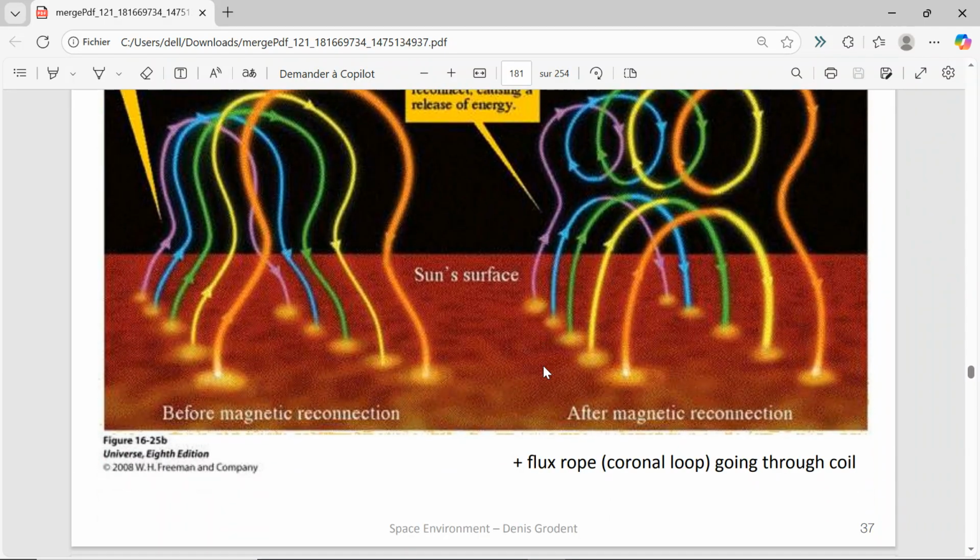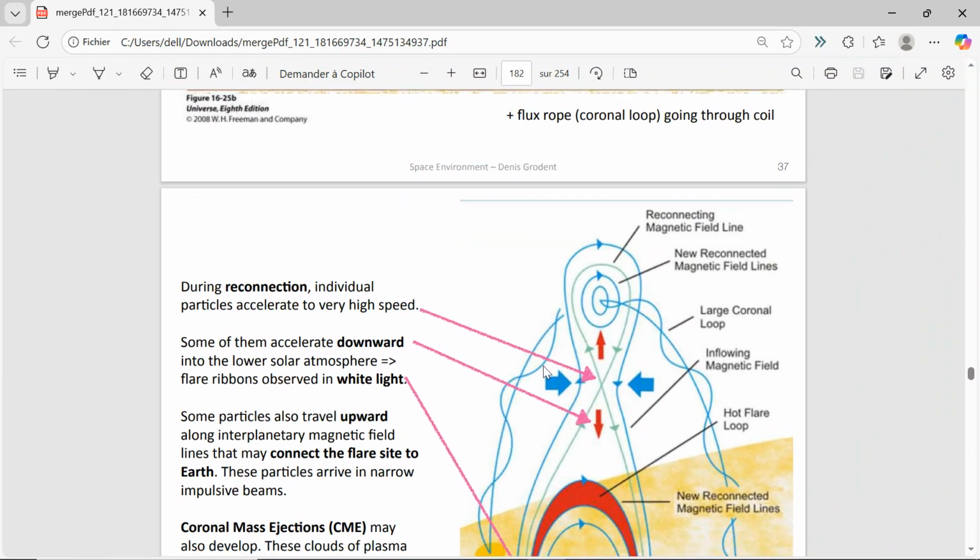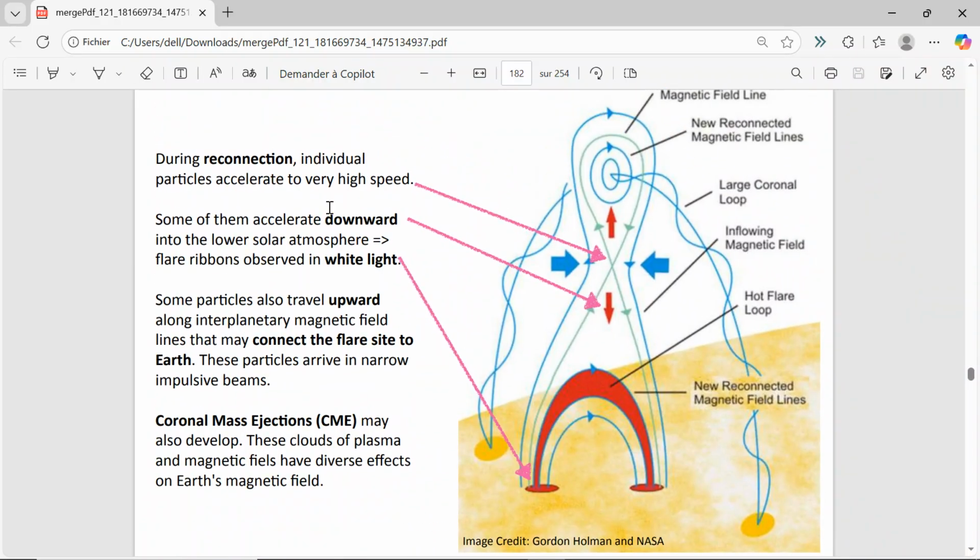This is a 3D representation of this coronal mass ejection, as explained. During the reconnection, individual particles accelerate to very high speed. Some of them are accelerated downward into the lower solar atmosphere, and so it does not impact the interplanetary magnetic field.